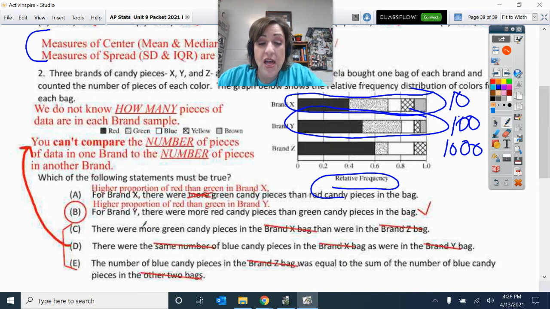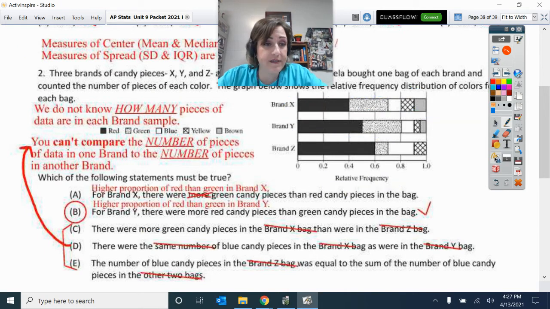They compare the number of candies from one brand to another. So C's out, D is saying the same from brand X to brand Y, and E is saying the blue candies in brand Z are equal to the sum of the other 2 brands. No. So C, D, and E are out because they are number of items from brand to brand, and we don't know how many.